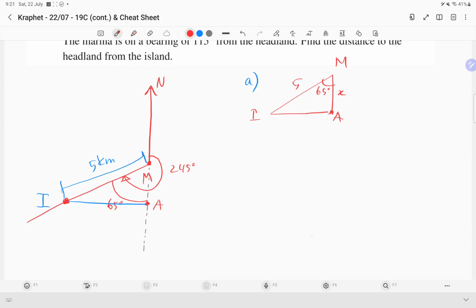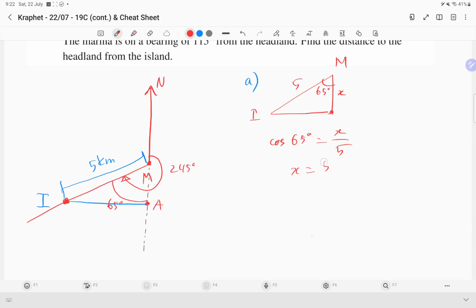Because the south is the general south direction, there could be multiple south directions. Right? Because if you have something over here and that's a north, then that will be south of that. So that's why I don't normally use north and south as a point. So I'll just use A there. So I will just write cos of 65 degrees is X over 5.